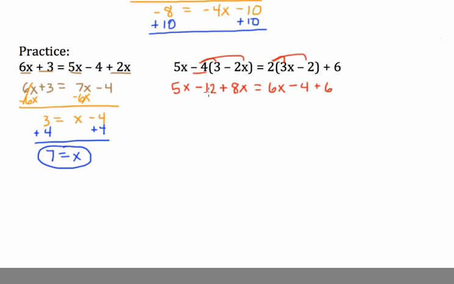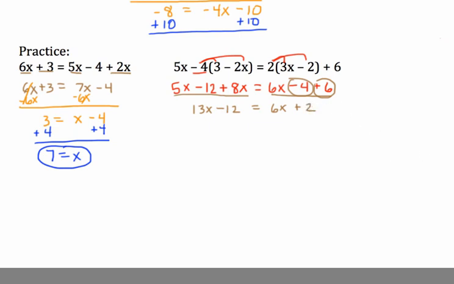Next, add like terms. On this side of the equation, 5x and 8x makes 13x. On this side, negative 4 and positive 6 can be combined, again, think money, to be a positive 2.